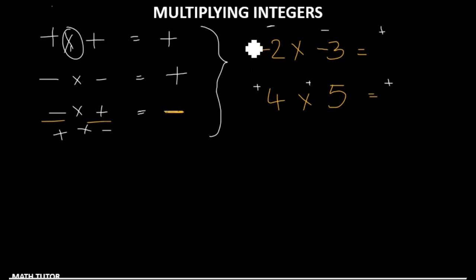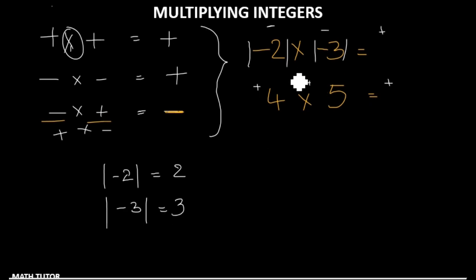While multiplying, you should remember you have to multiply the absolute values of the integers. Minus 2 has absolute value 2 and minus 3 has absolute value 3. So minus 2 times minus 3 is 2 times 3, which equals 6.